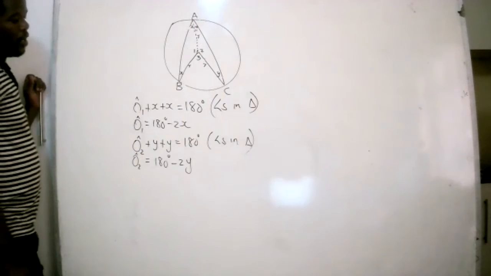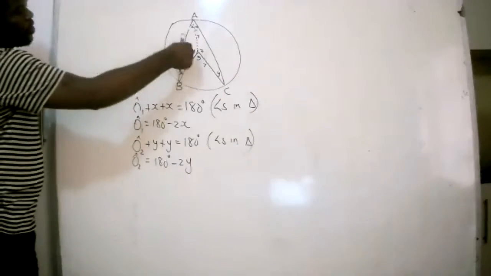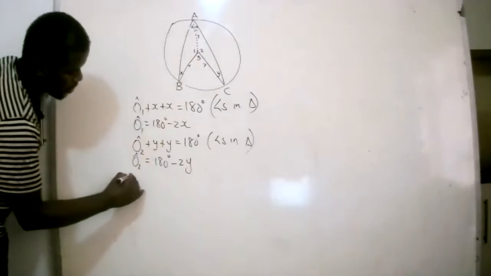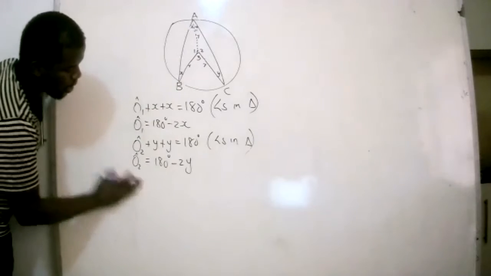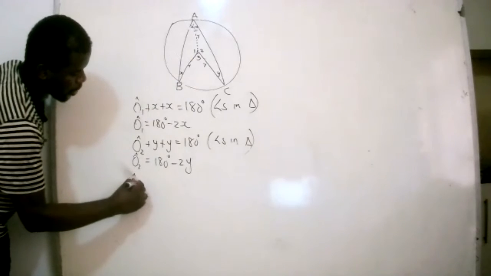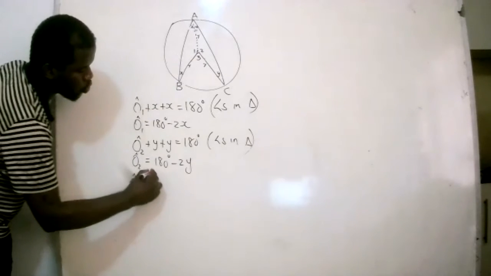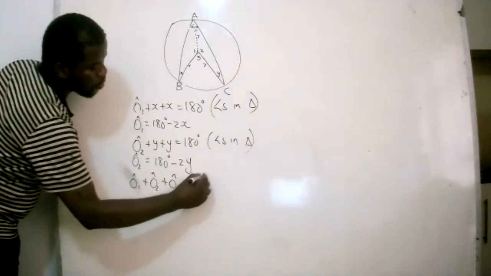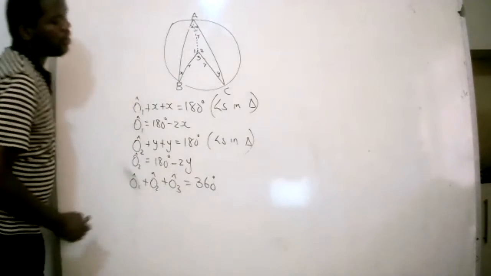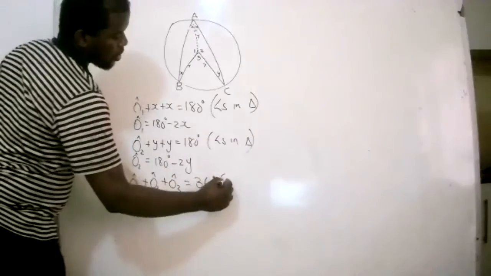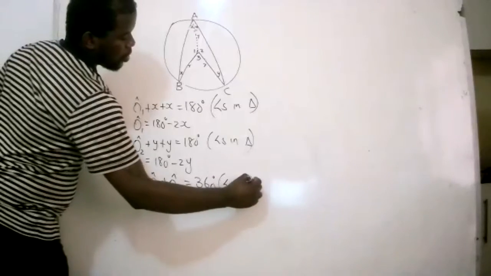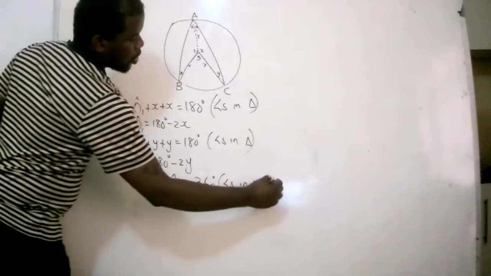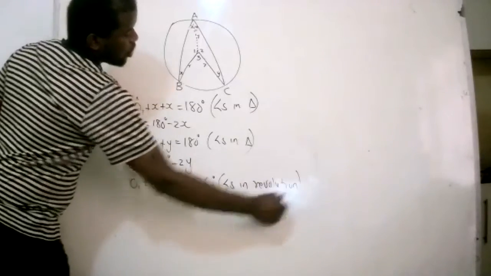Okay. Then from there, we're going to take advantage of angles at the center. If we add angle O1 plus O2 plus angle O3, it's equal to what? It's equal to 360. Why is it equal to 360? These are angles in a revolution, right?